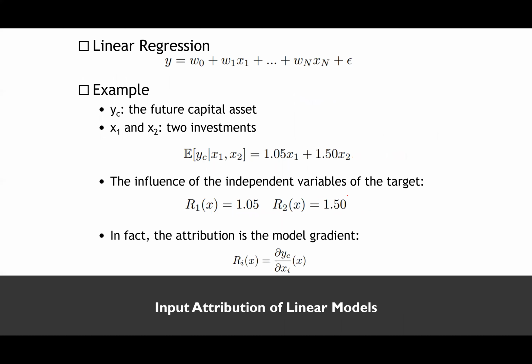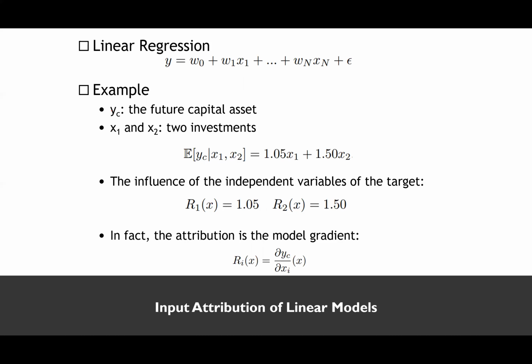If we apply this attribution method to linear regression, we have two cases. We have a target y and n-dimensional input x1 to xn, with coefficients from w0 to wn plus error.